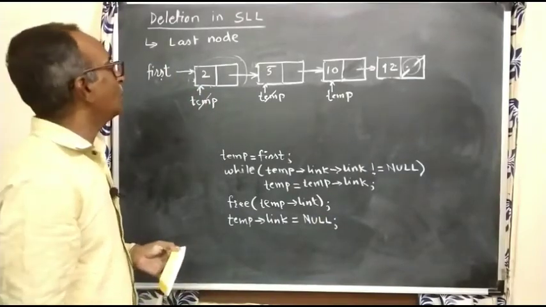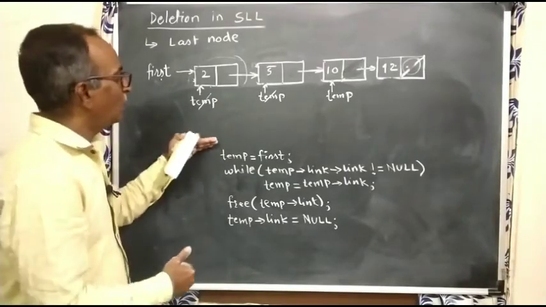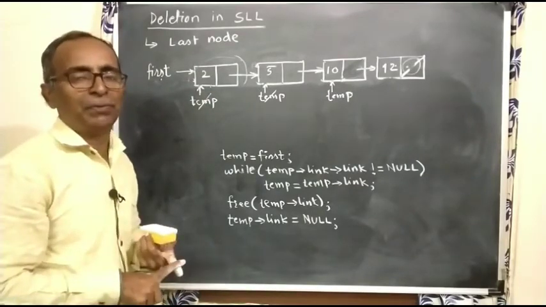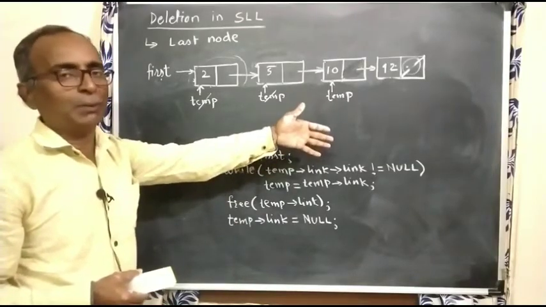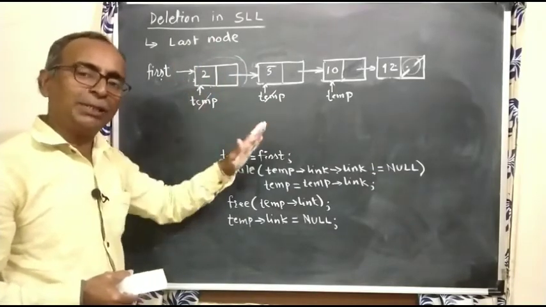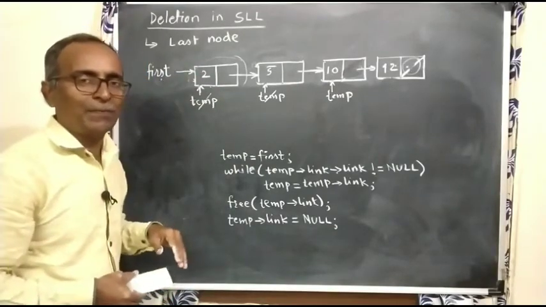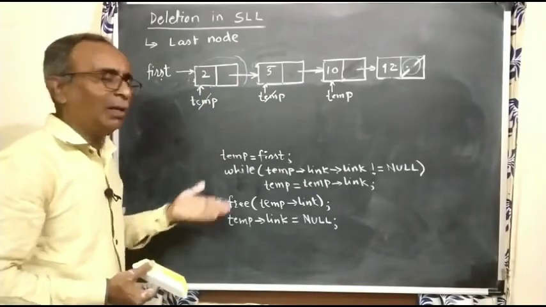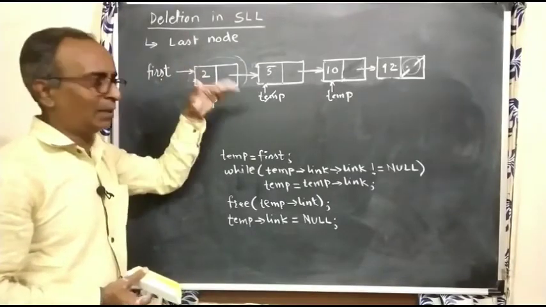Now you should see whether this logic works. Now what do you have to check before this? If the linked list is empty, can you delete the last node? No. So whatever we have written in the previous program, you have to check whether the linked list is empty. If empty, deletion not possible, return. If only one node is present, is this logic useful? No. When one node is present, you are changing first and returning there itself.